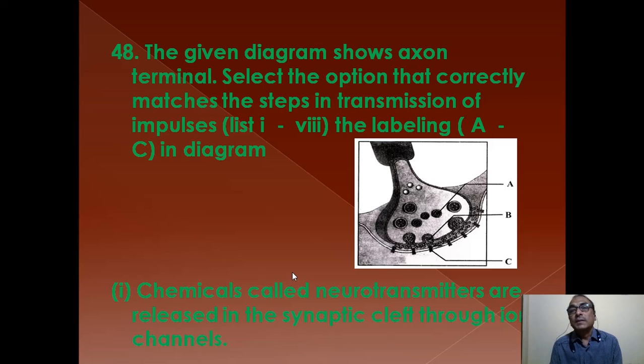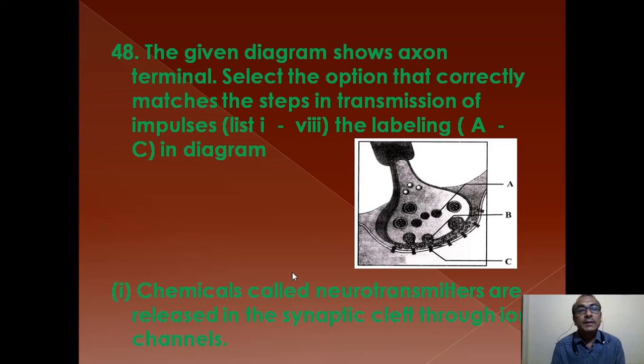A is the vesicles which are filled with the neurotransmitter, so synaptic vesicles they are called. B is pointing to the released molecules of acetylcholine chemicals. And C is pointing to the channels or the receptors for the neurotransmitter.